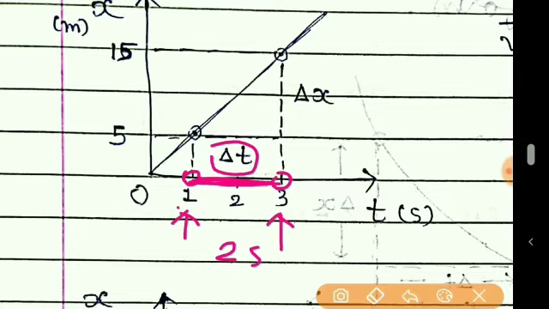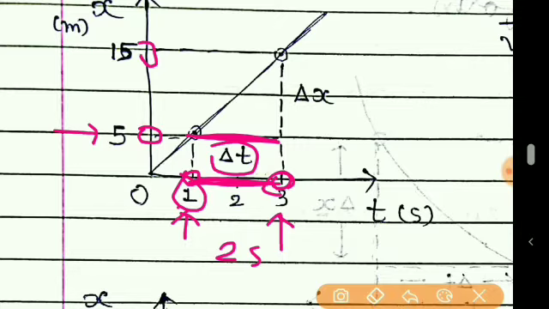And what is the position change for this time? So initially the position was 5 at 1 second, and then after 3 seconds the position is 15.